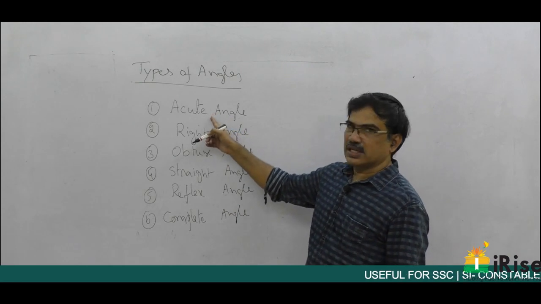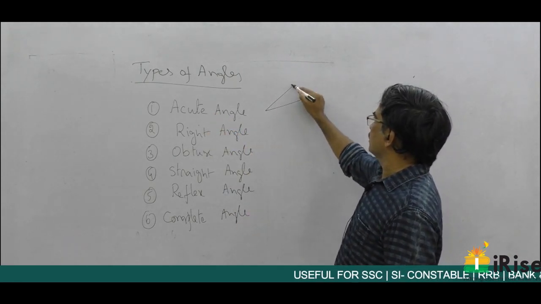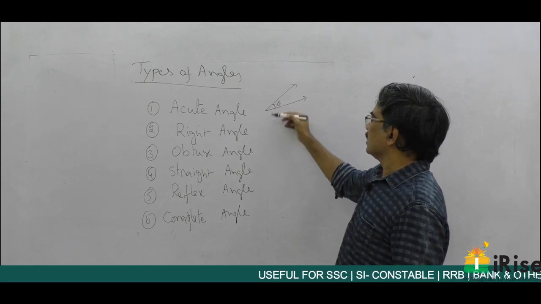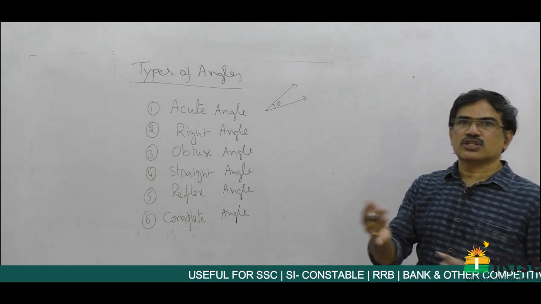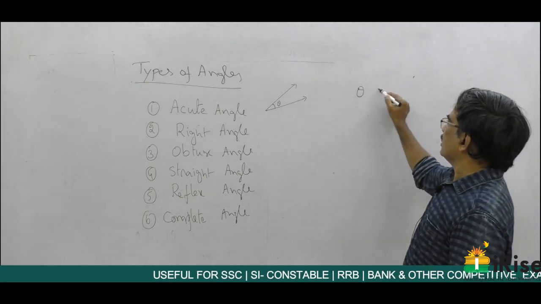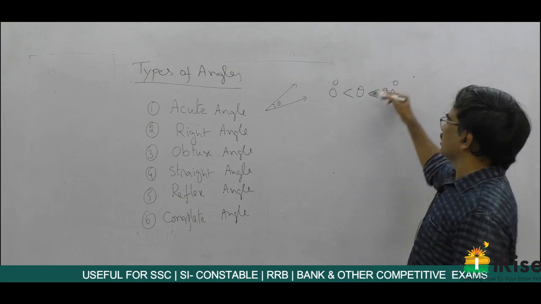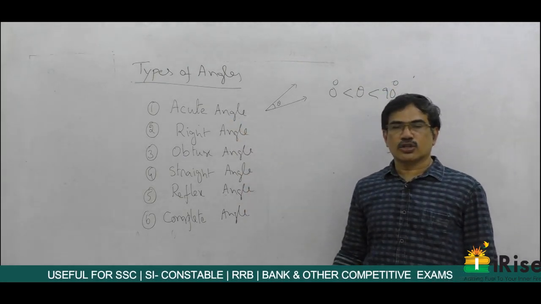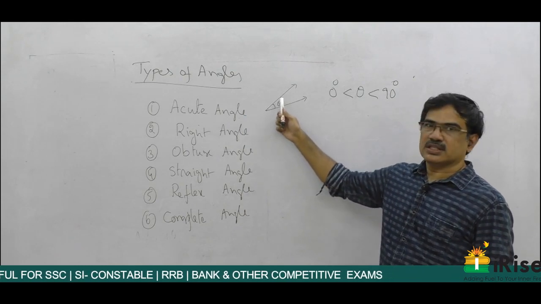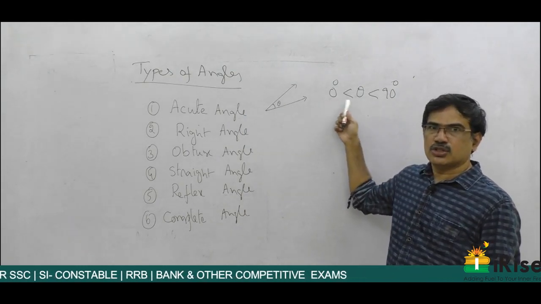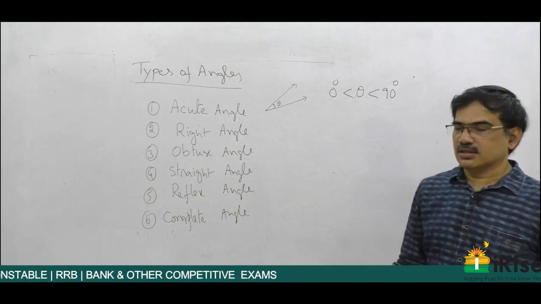What is an acute angle? If the angle between two rays is less than 90 degrees and more than 0 degrees, if theta lies between 0 degrees and 90 degrees, then it is called an acute angle.